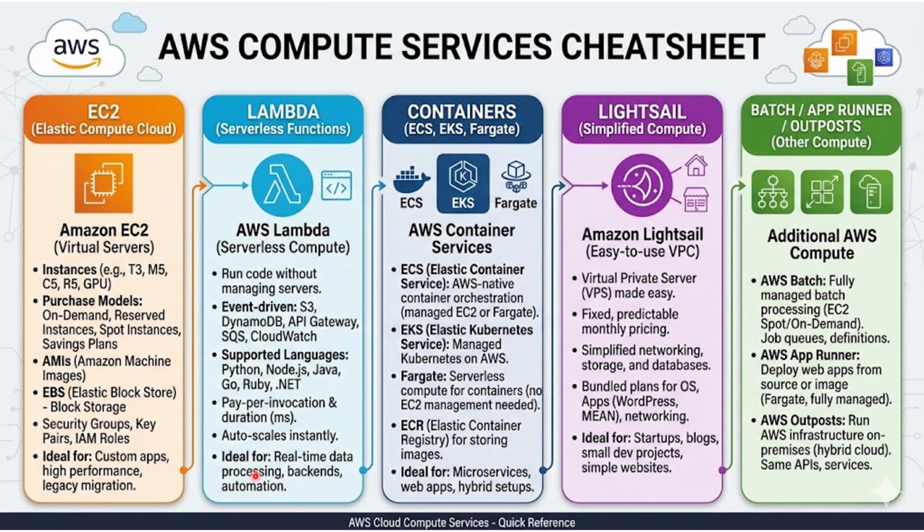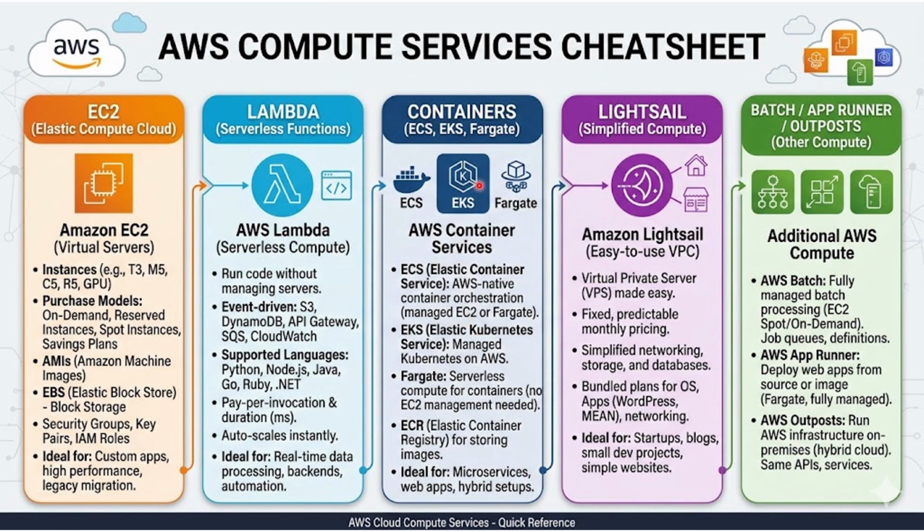Then the next is AWS Container Services, or you can say the managed microservice fabric. Here we have container technology, ECS and EKS, and it targets a containerized microservice architecture built to use Docker or some OCI compliant standard.